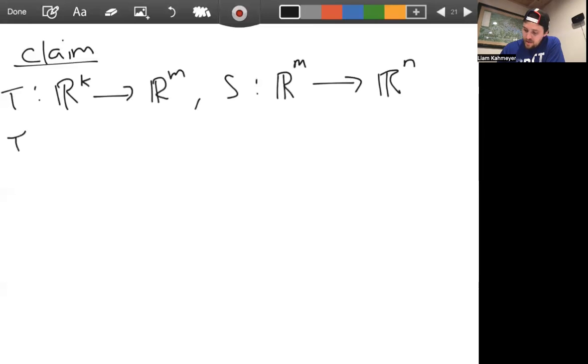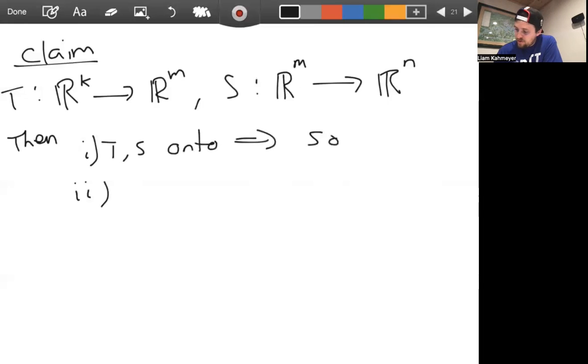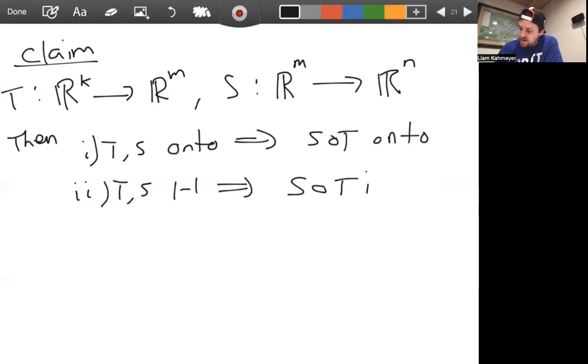Then there are two statements. The first is that if T and S are onto, this implies that S composed T is onto. And second, you can probably guess, if T and S are one-to-one, this implies that S composed T is one-to-one. So the composition of injective functions is injective, and the composition of surjective functions is surjective.